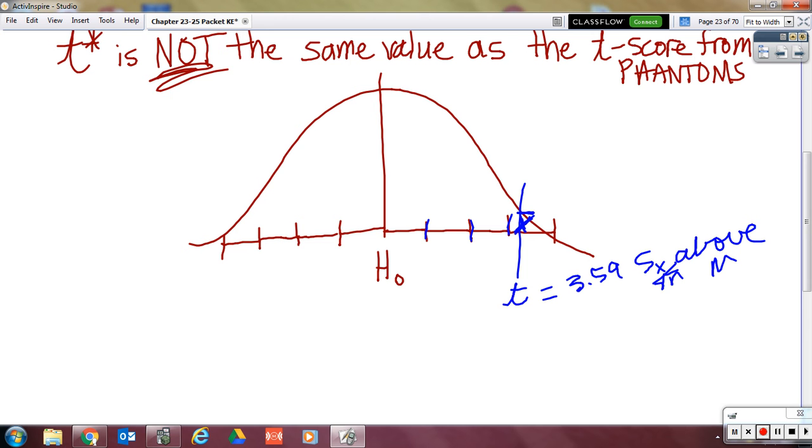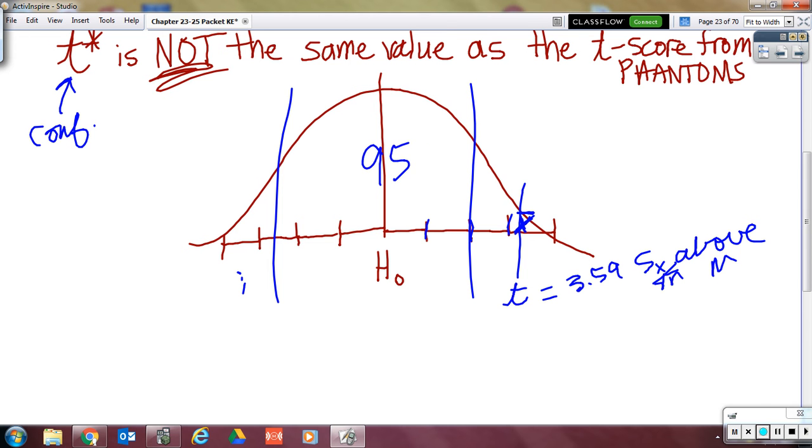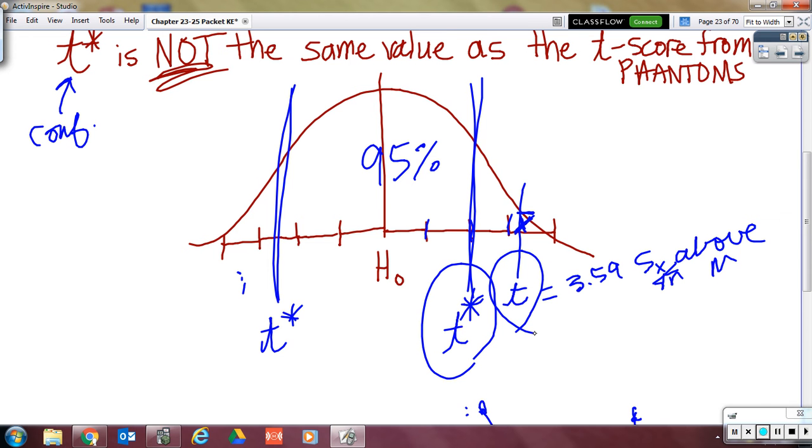T star is always coming from how confident you are. In this case, when we say we are 95% confident, remember what that means? 95% is in the middle. And if 95% is in the middle, here's where my T star is, and here's where my other T star is. I have a negative and a positive T star. Do you see how this is a different location than this? They are not the same thing. That's the difference between the T star and a plain T.